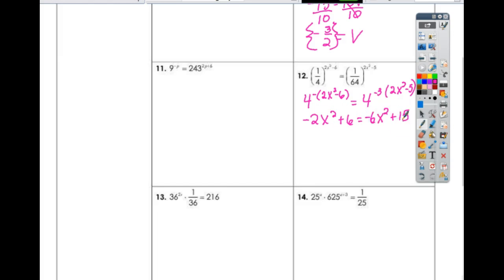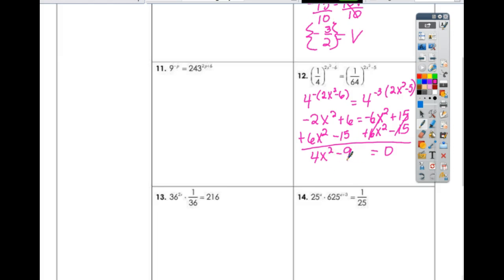Okay, so when I distribute, I get this. Now, do I have an x squared this time? So you have to put everything on one side with the x squared. So I'm going to add the 6x squared. So I get 4x squared minus 9.